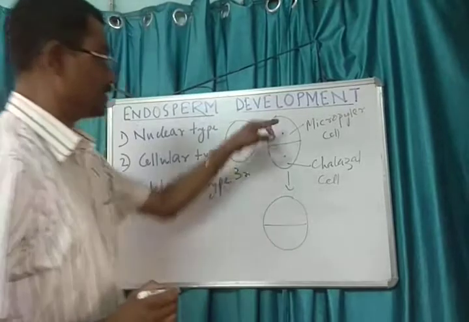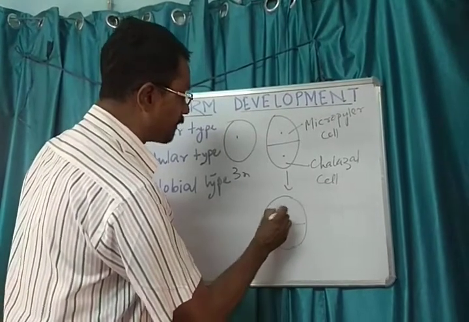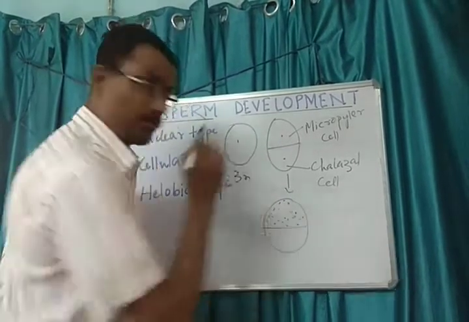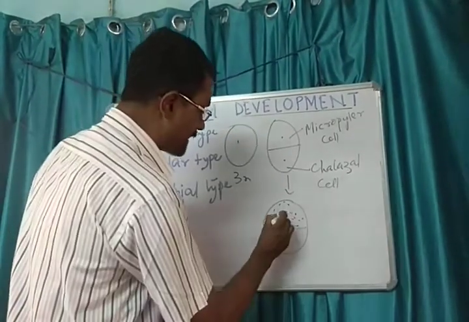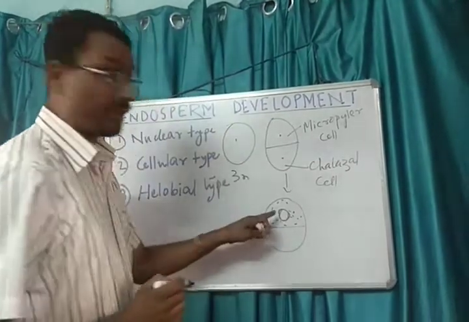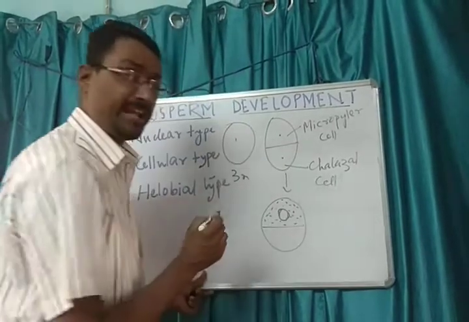Now the development here occurs like this. This part may be nuclear. That means the nuclei undergo division to form a number of nuclei. Then what happens? A central vacuole appears in the center. When the central vacuole appears, it pushes the nuclei towards the periphery.